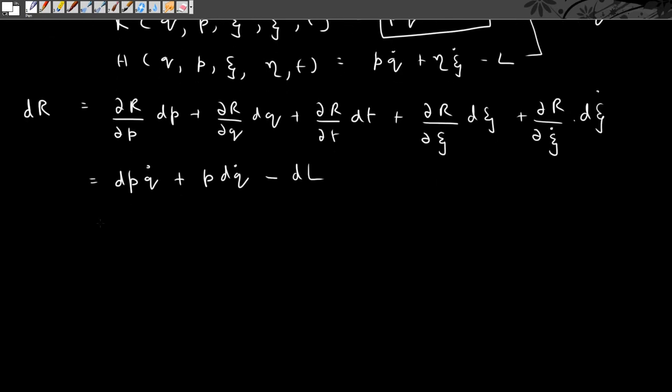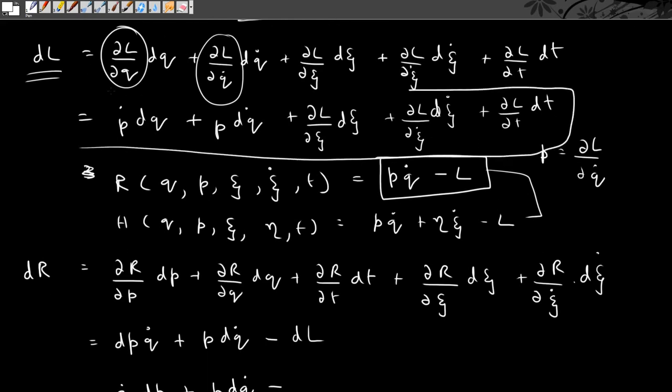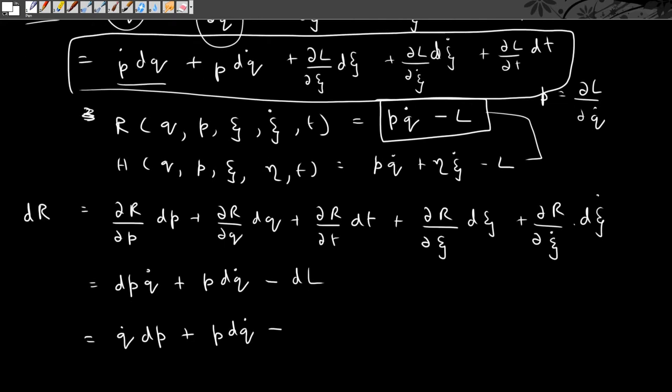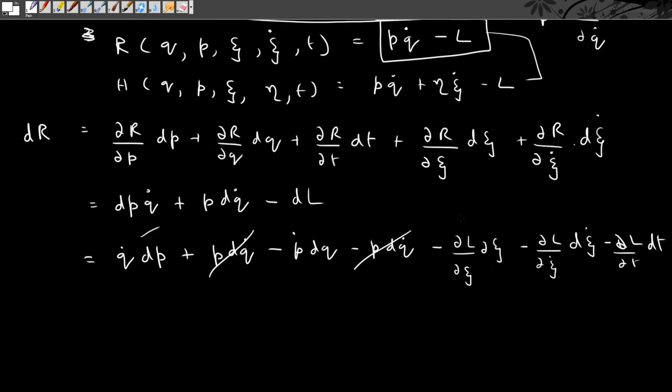This will give us q dot dp plus p dq dot minus whatever is there for the Lagrangian differential, so we put those terms here: first term minus p dot dq, minus p dq dot, minus ∂L/∂xi dxi, minus ∂L/∂xi dot dxi dot, minus ∂L/∂t dt. Here, this term will get cancelled with this term, and we will be left with these terms.